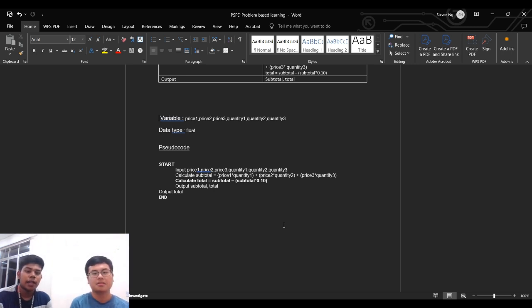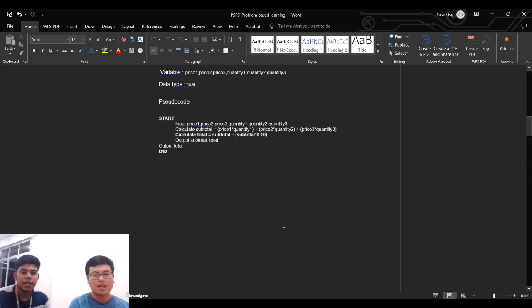The next one is to calculate the subtotal of price 1 and quantity 1, then price 2 with quantity 2 and price 3 with quantity 3. After we get the subtotal, we calculate the total: the subtotal minus the subtotal times 0.10. The output is the subtotal and also the total. And the end.